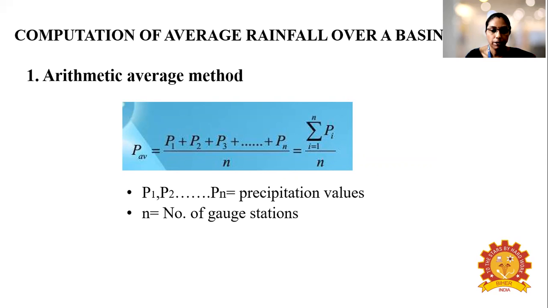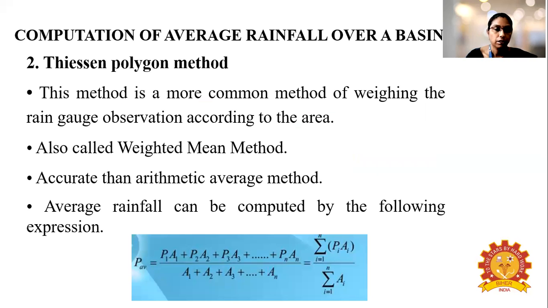Coming to the next method of measurement of average rainfall, that is the Thiessen-Polygon method.